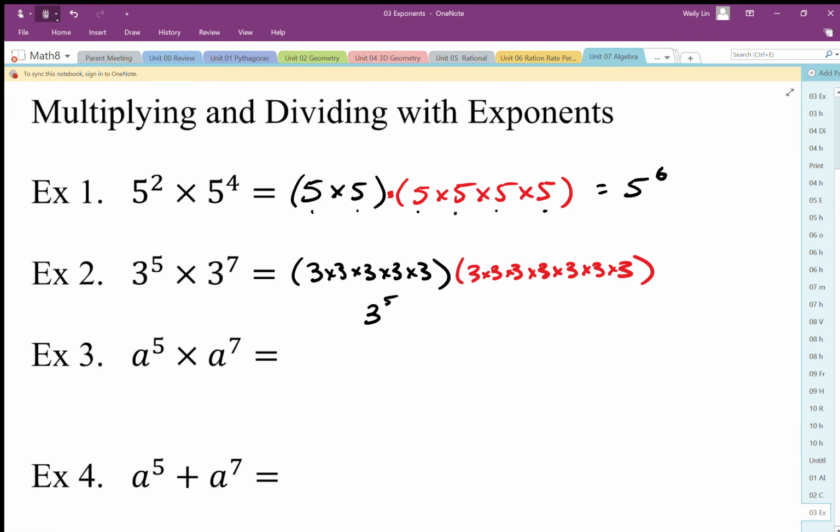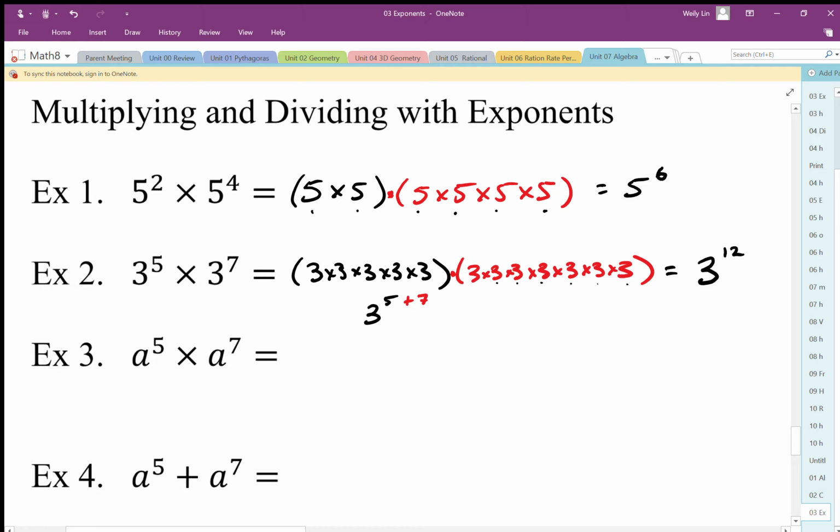And since they're the same multiplier and they're all connected by multiplication, I'm just really counting all multiplication of the same number. Well, I can count 5 here and I can count 7 here. I should just count those together. And if I count that all up, I end up with 1, 2, 3, 4, 5, 6, 7, 8, 9, 10, 11, 12. I have 12 3's being multiplied.